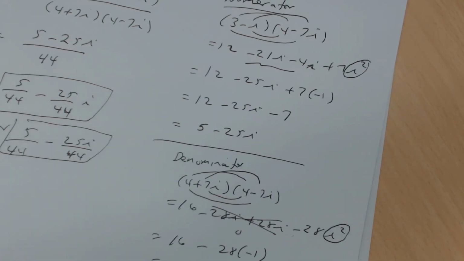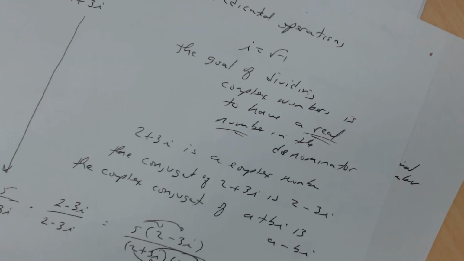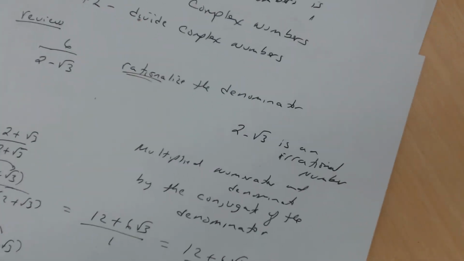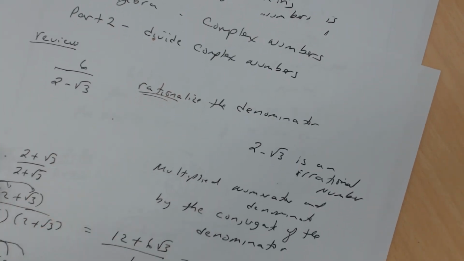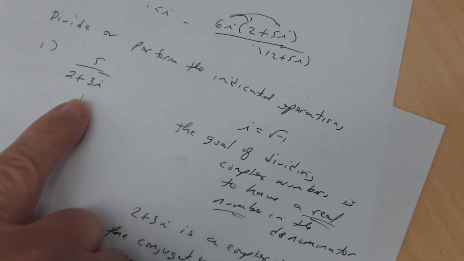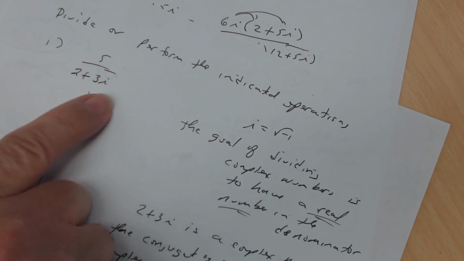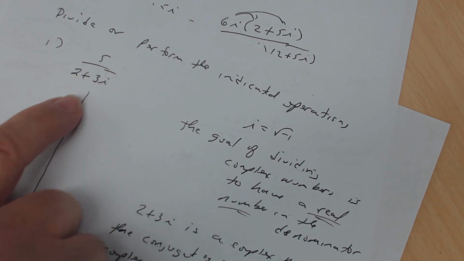Okay, so basically what we did here in part 2 was we divided complex numbers, and so to do that we had to multiply both numerator and denominator by the conjugate of the denominator, and sometimes this is referred to as a complex conjugate.